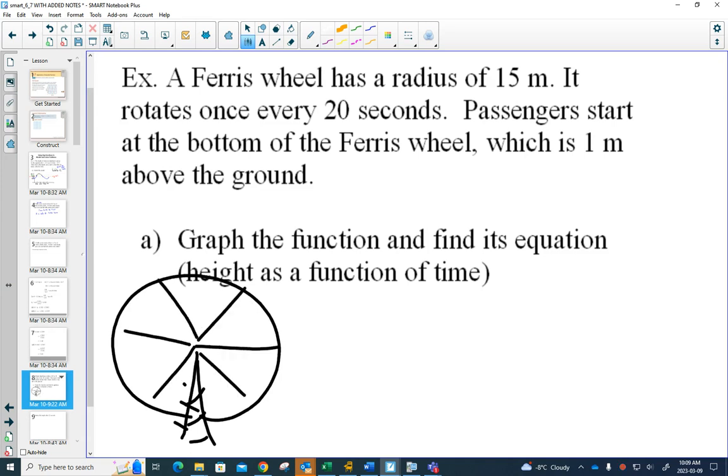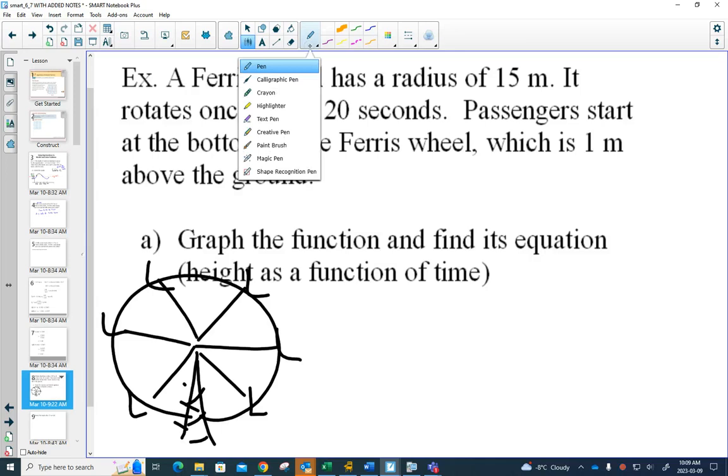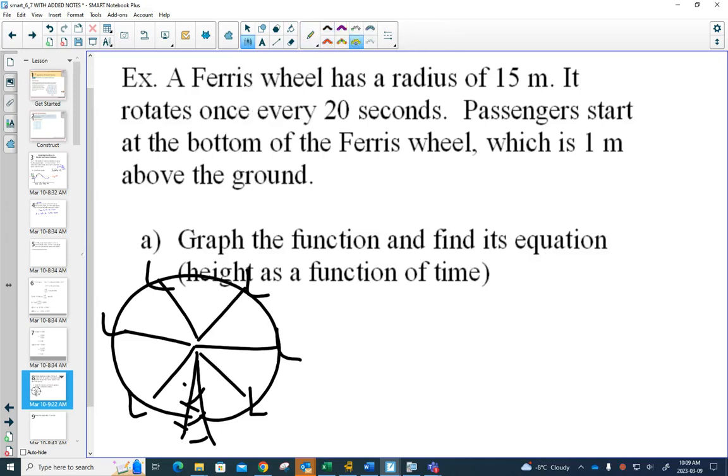It has chairs. And you get on the ride. There we go. There you are, sitting on your chair, ready to go around.